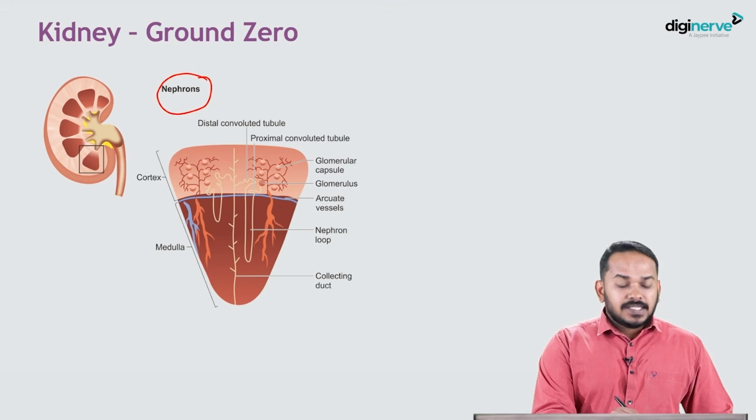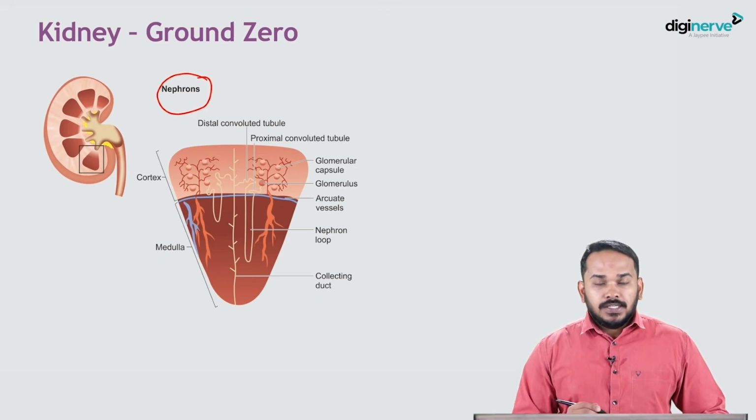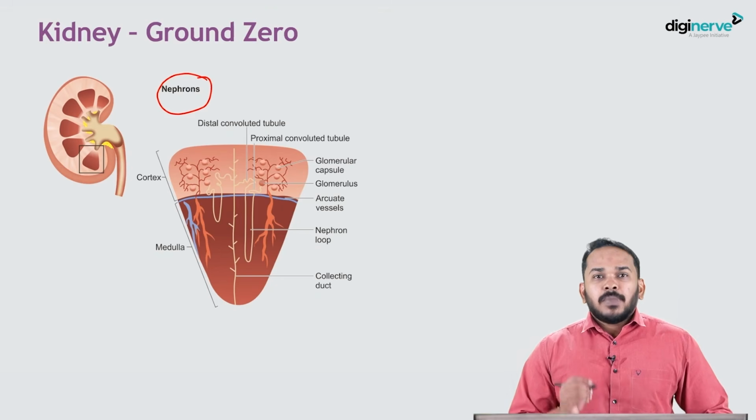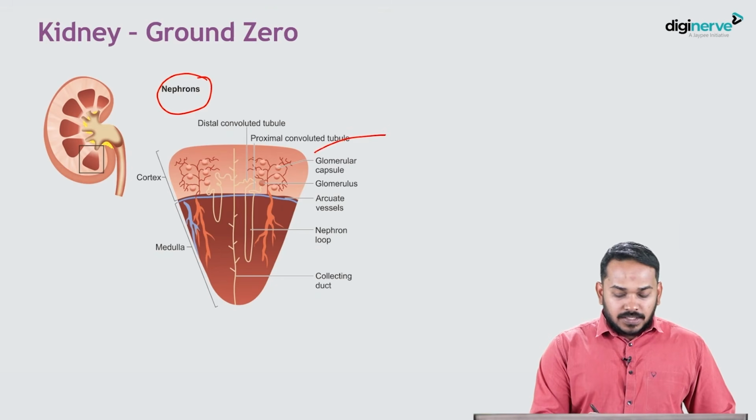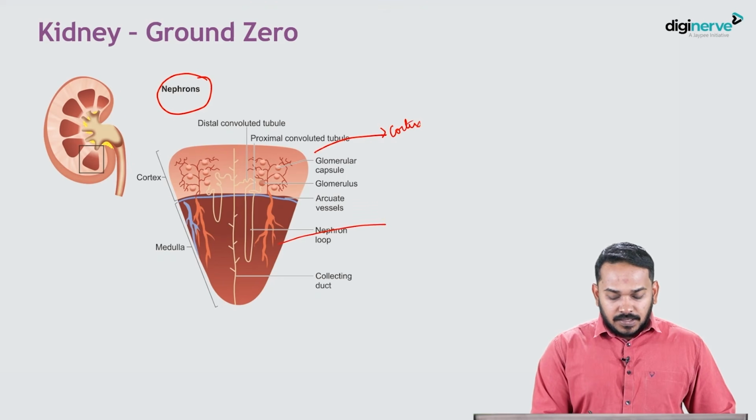So these are the basic filtering units of the kidneys, and the nephrons are arranged in such a way that some parts of the nephron are in the cortex, whereas some parts are located in the medulla.